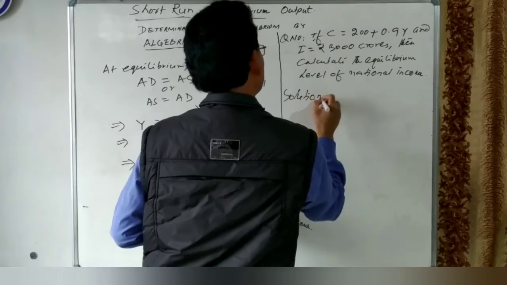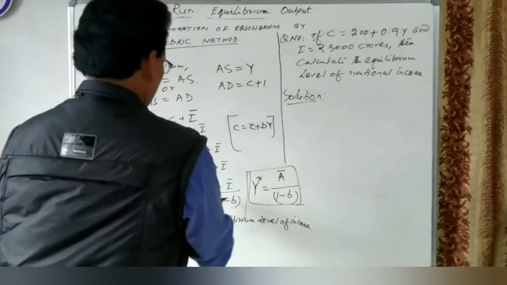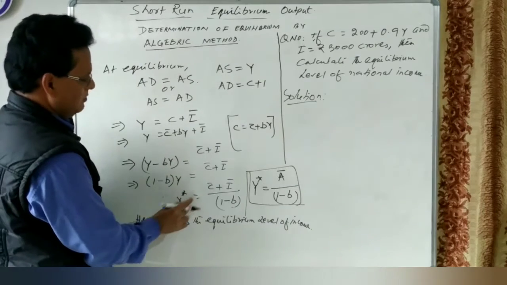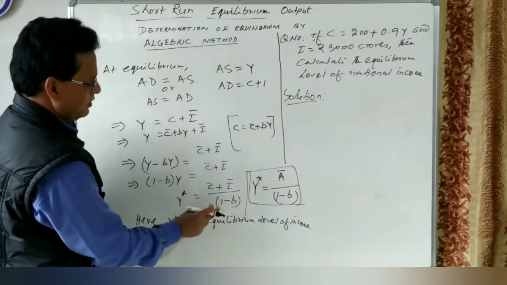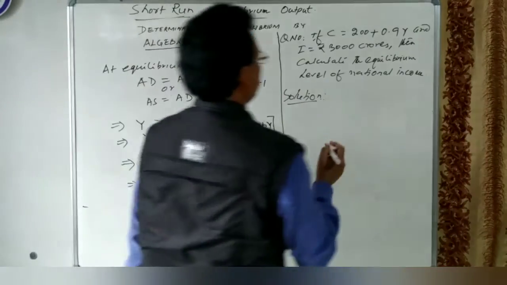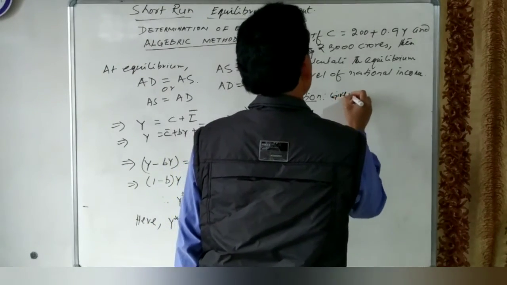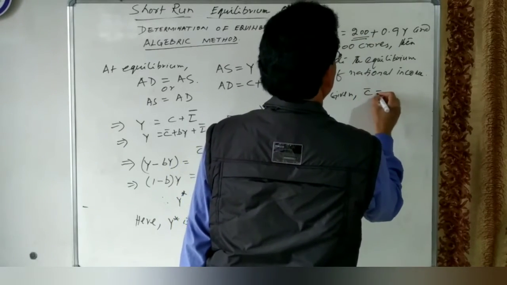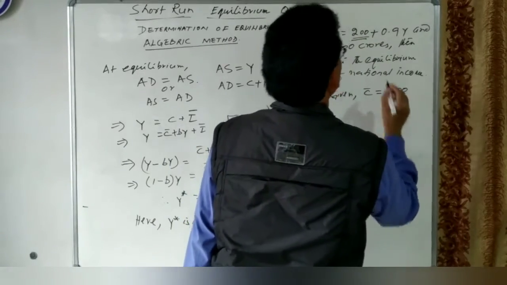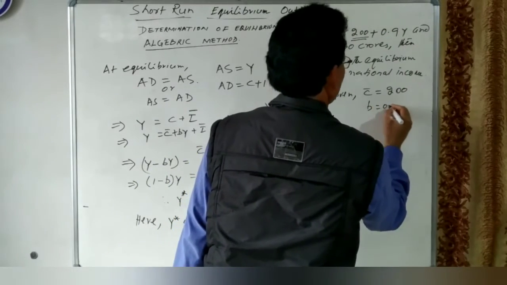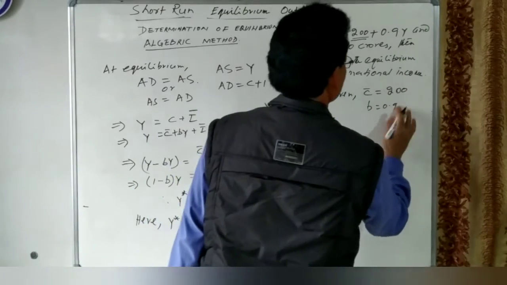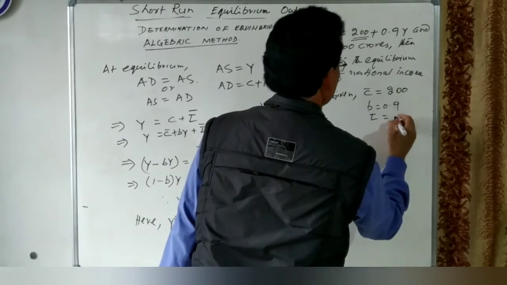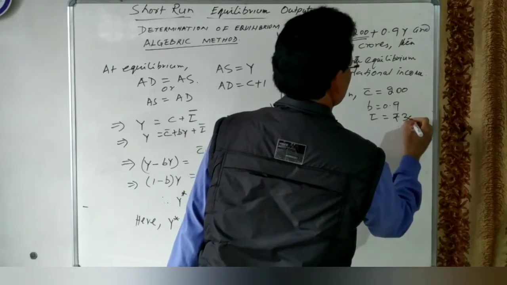Solution: we have already seen the formula. Y star, the equilibrium level of national income, is equal to C intercept plus I intercept divided by 1 minus B. Let us see what is given. C intercept, the autonomous consumption, is given as 200. B is given as 0.9, and investment is given as rupees 3000 crores.